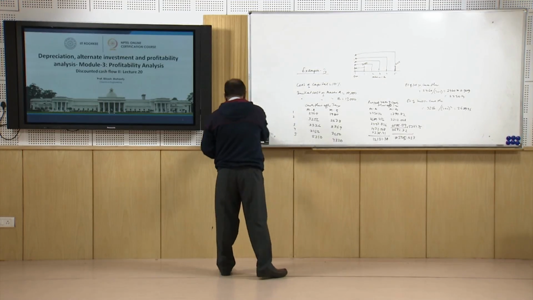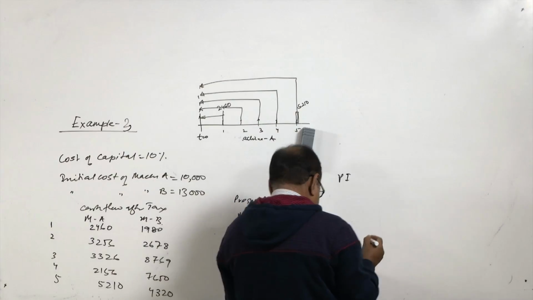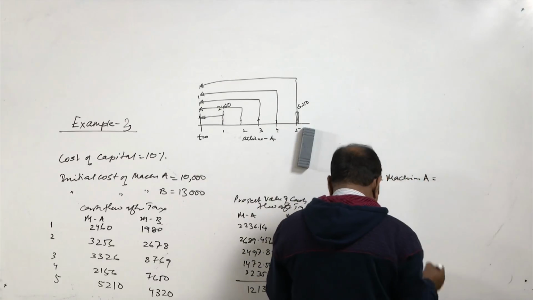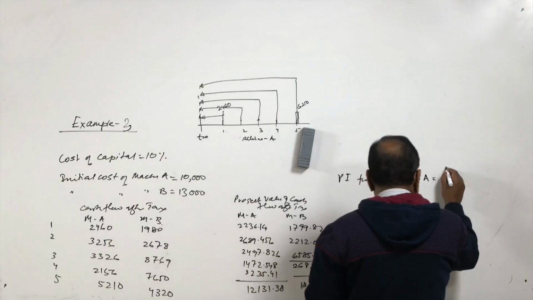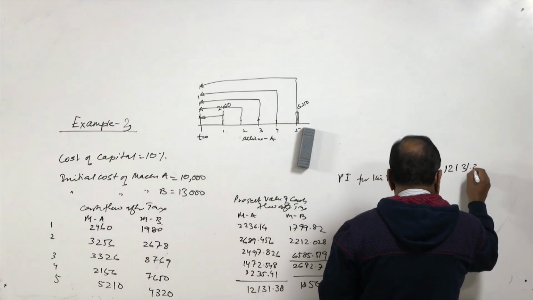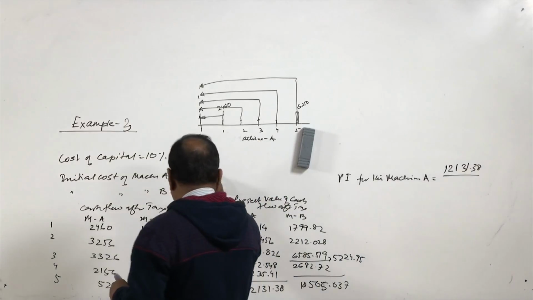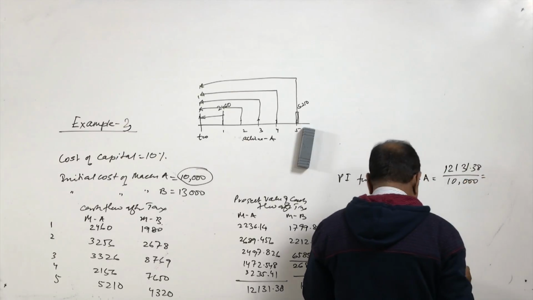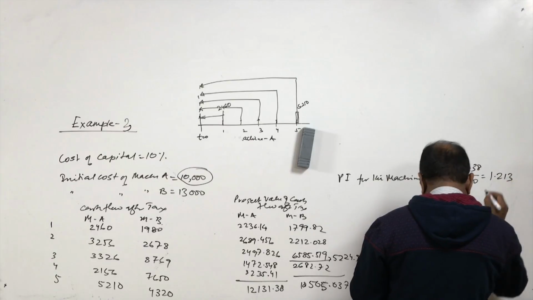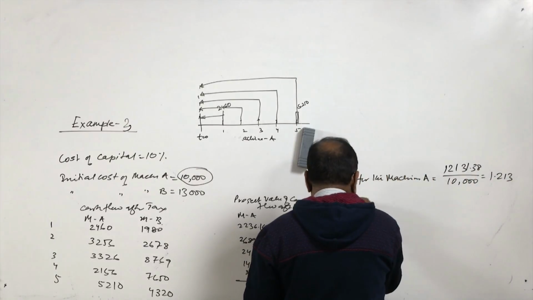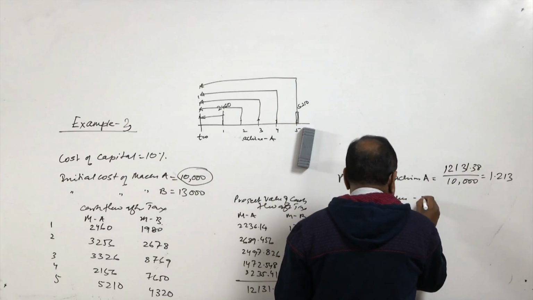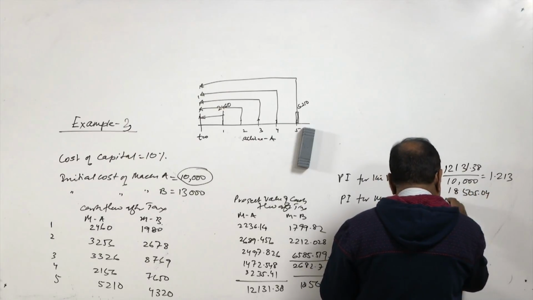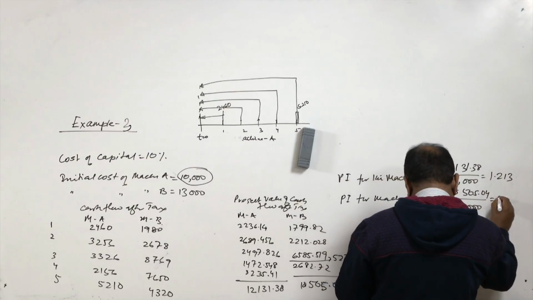So, once we have calculated all this, for machine A, PI is equal to this value 12131.38 divided by this value 10,000 comes out to be 1.213, and PI for machine B is equal to 18505.04 divided by 13,000 comes out to be 1.423.